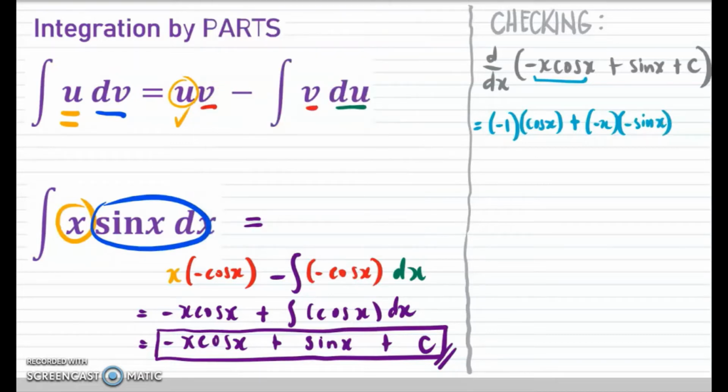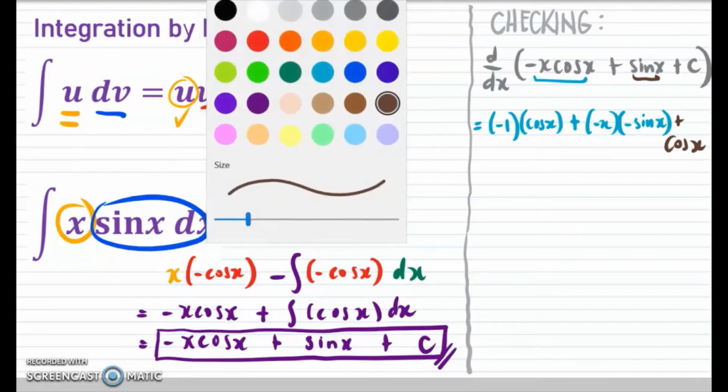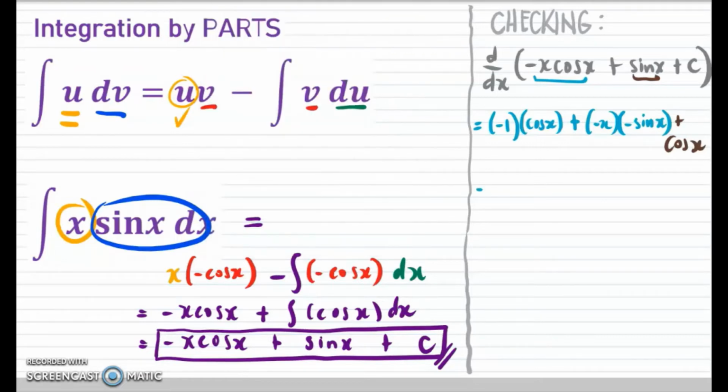Then the derivative of positive sine x is positive cosine x, while the derivative of c, which is a constant, is 0. And then we simplify this. We have negative cosine x, and then negative and negative, that's plus x sine x.